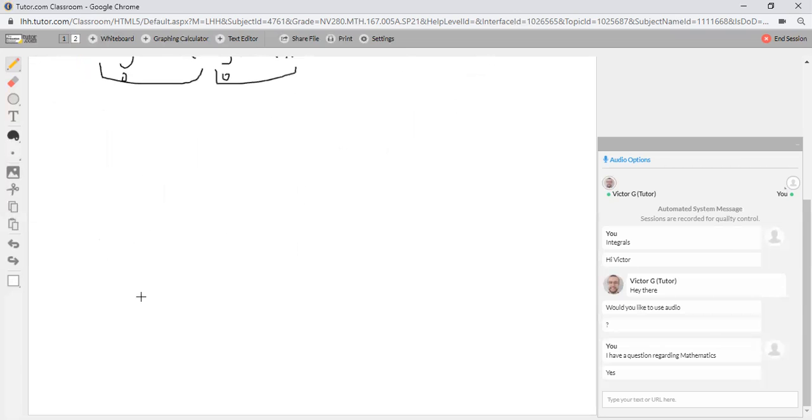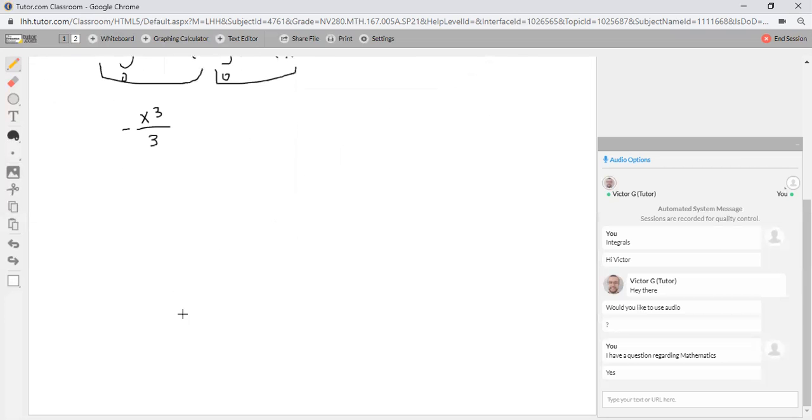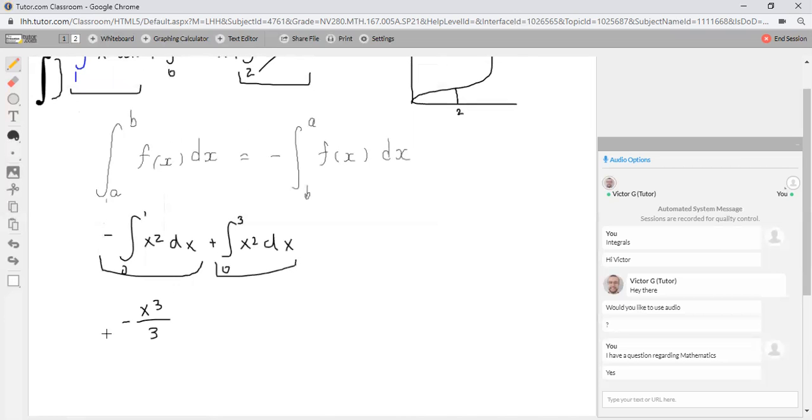Okay. So that would be x cubed over 3, negative. Exactly. And then this would essentially be f of x.